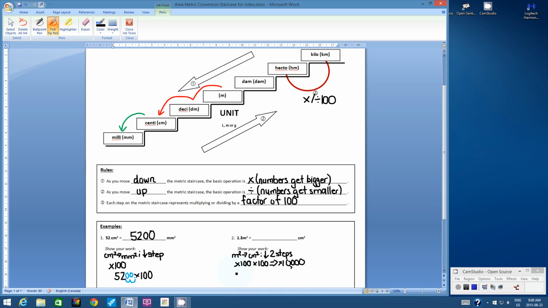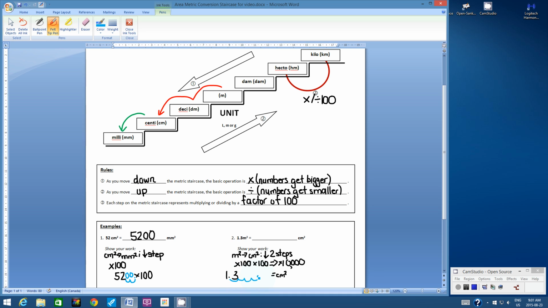All right. Let me set up our number here, 1.3, and I'm going to give myself some space here, centimeters squared. I use blue. So I'm going to move the decimal place 1, 2, 3, 4 places to the right. 1, 2, 3, 4.